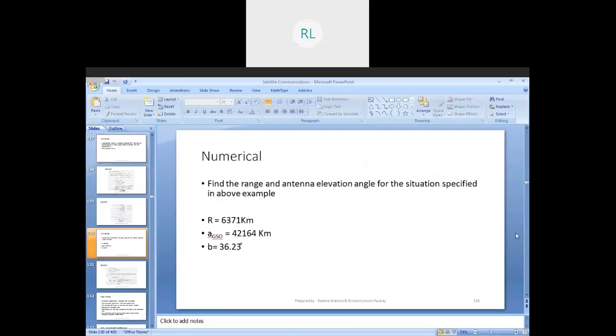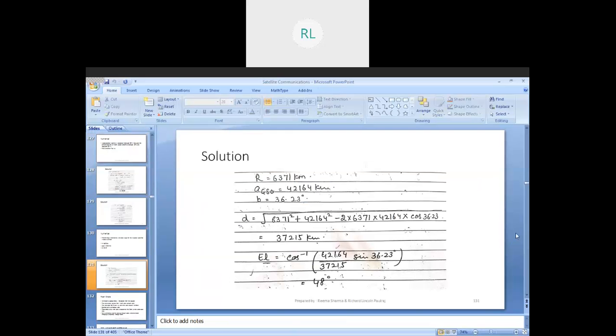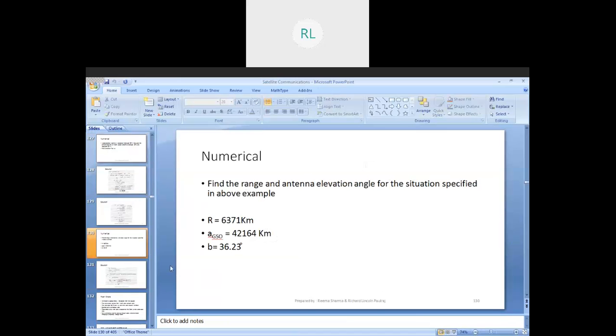But here we are using the radius of the earth, then AGSO, which is the radius of the geostationary orbit, and the value of b we have seen previously, right?